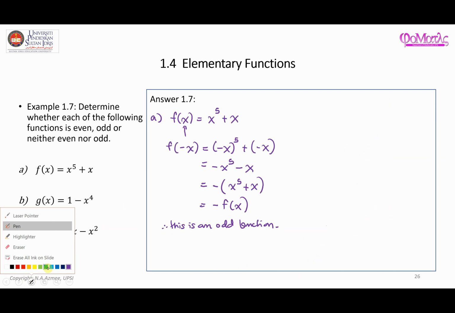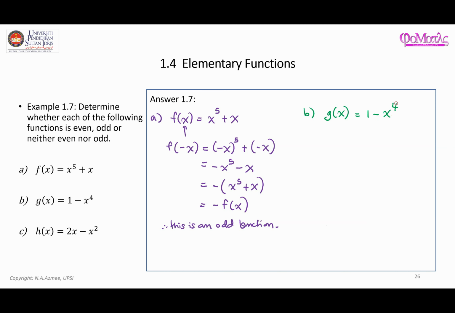Next, we're going to look at the second part, which is question B. Here we have g(x) equals 1 minus x to the power of 4, and now we are going to again substitute x with negative x. So we have 1 minus negative x to the power of 4.